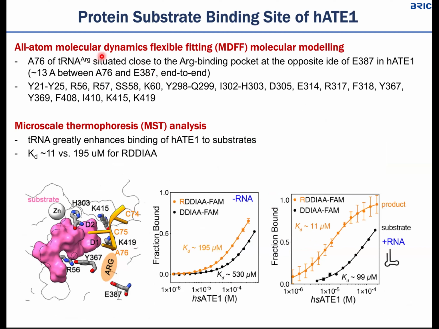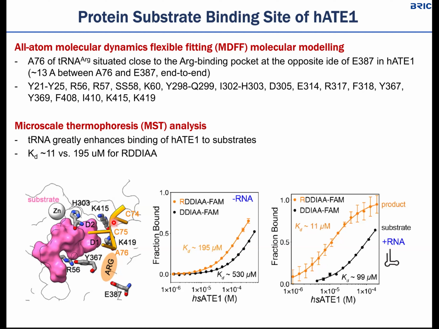All-atom molecular dynamics flexible fitting, MDFF, using an explicit solvent model, was applied to MD simulations for an additional 200 nanoseconds. And in doing so, the structural model predicted that the A76 amino acid of the arginal tRNA is situated close to the arginine binding pocket at the opposite side of E387 in human AT1.